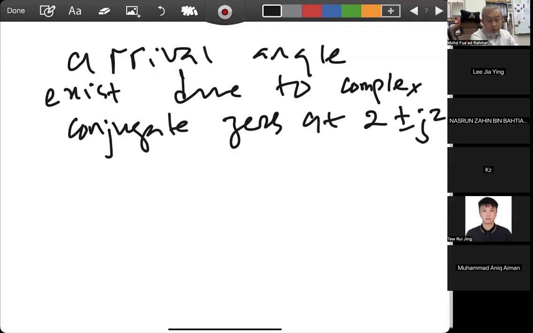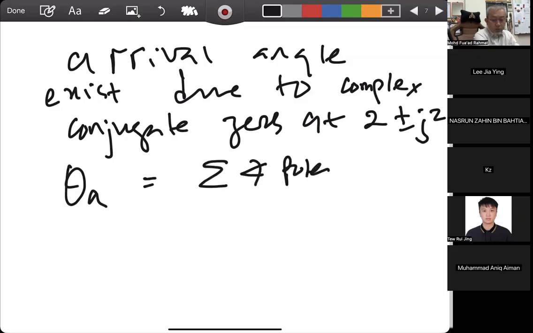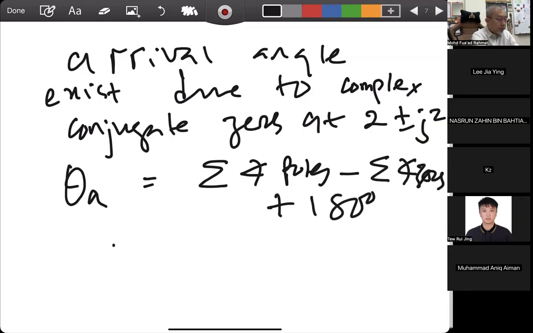Okay, so to calculate arrival angle is the summation of angles of poles, minus summation angle of zeros, plus 180 degrees.